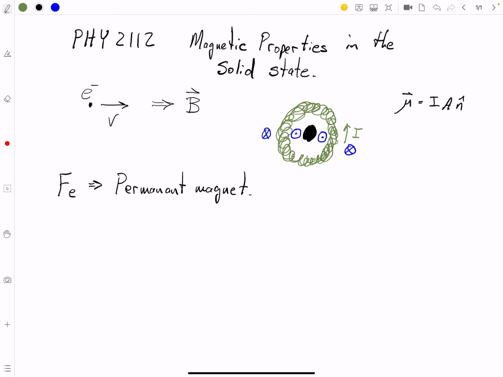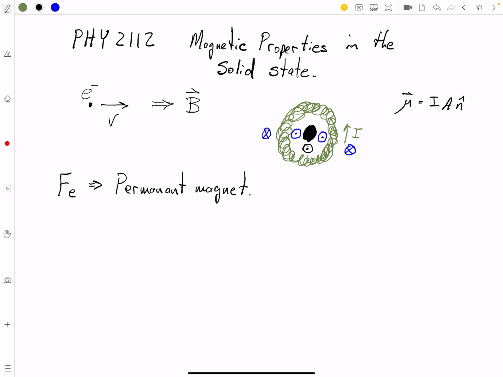In our case, that magnetic moment would be the dipole magnetic moment. Let's just draw the dipole magnetic moment as pointing toward us on the inside.